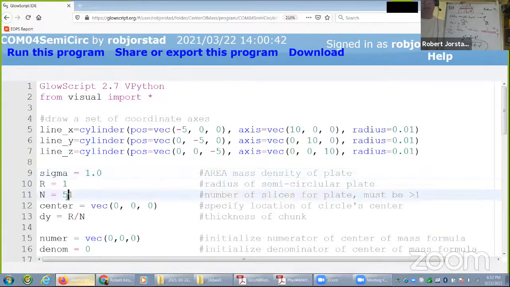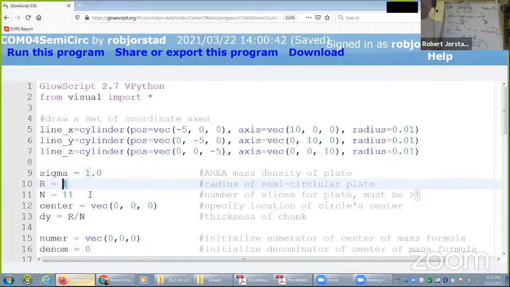So let's start it small again, 1, 1. So again, if our radius is 1, we expect the answer should be 0.42.